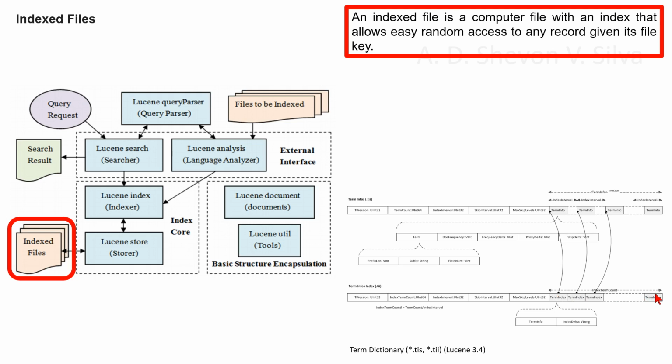A term index consists of term info and index delta, a vlong. Here the term index is connected to term info here, and here, and here. So term indexes are connected to term infos in the term infos file.